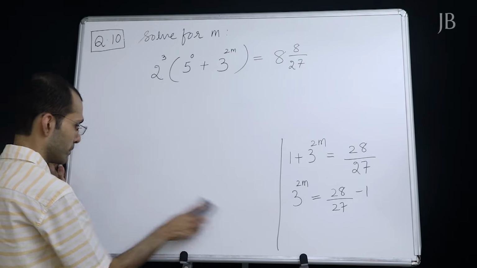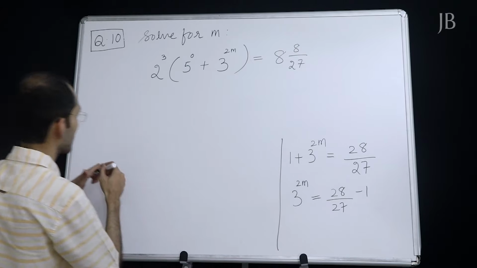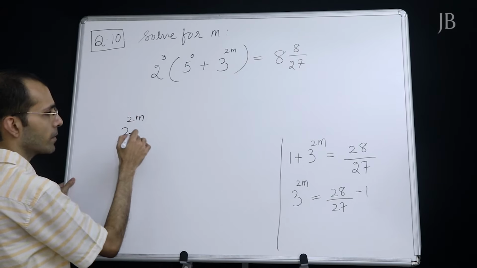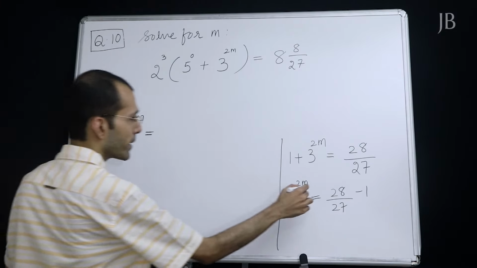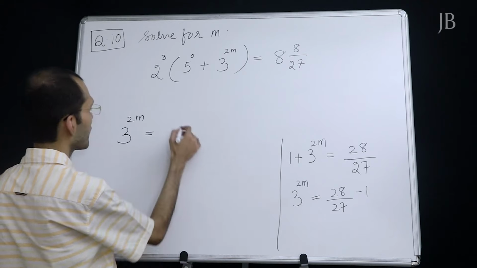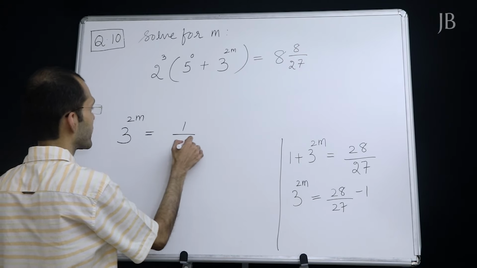So 3 raised to 2m is equaling, and this if you simplify, this will LCM if you take, it will give you 1 upon 27.